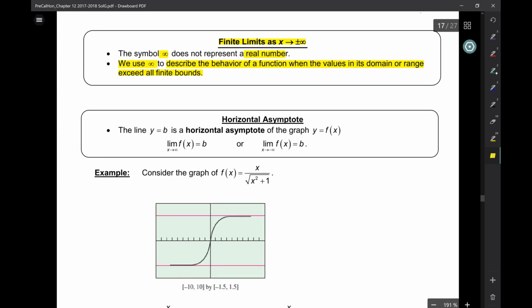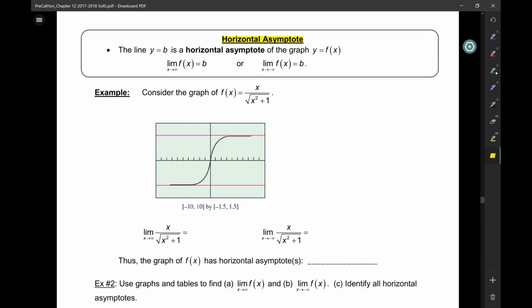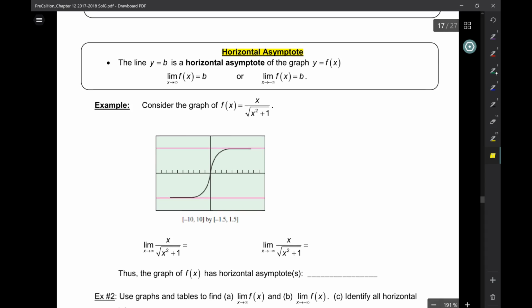All right. So let's talk about horizontal asymptotes. Horizontal asymptotes are defined using the infinity symbol. It's just a limit as x approaches infinity. So the line y equals b is a horizontal asymptote if the limit as x approaches infinity of a function is b, or the limit as x approaches negative infinity is b.